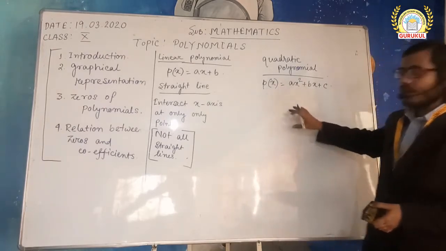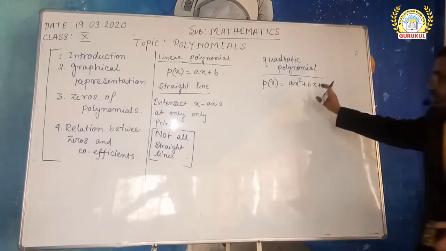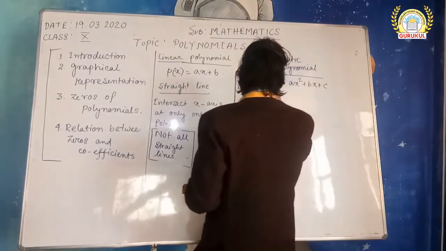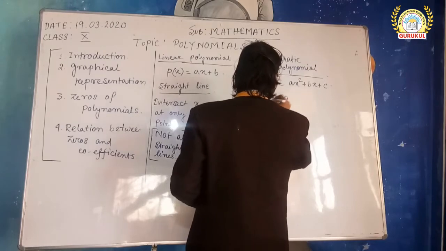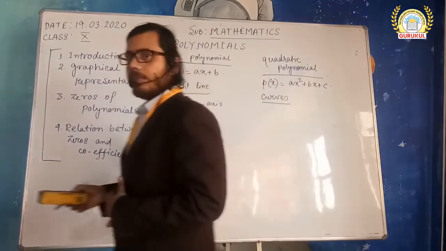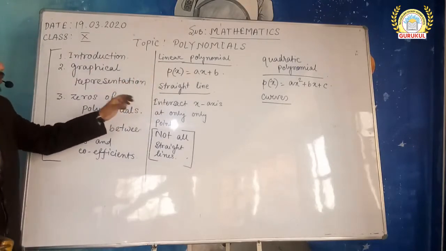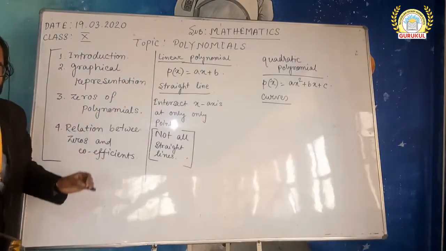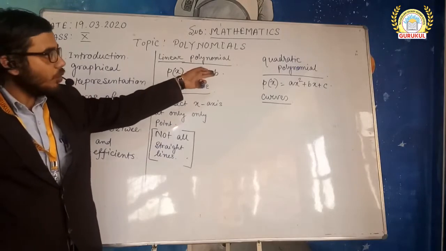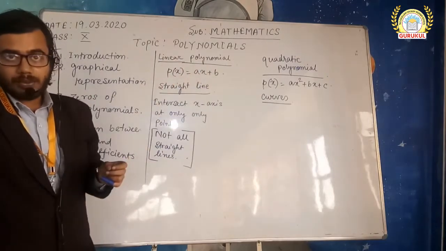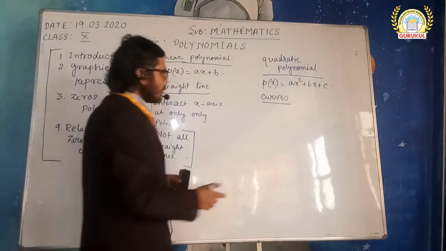This represents curves, not a straight line. So a linear polynomial only represents a straight line, and a quadratic polynomial represents curves.